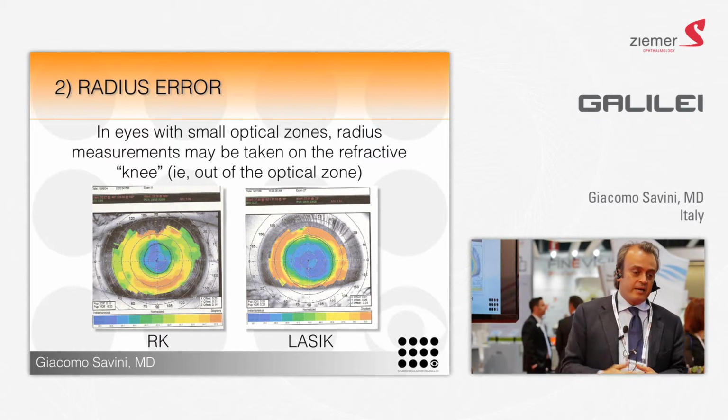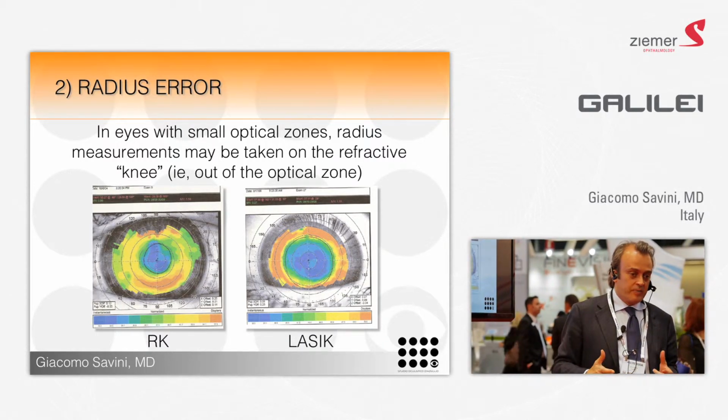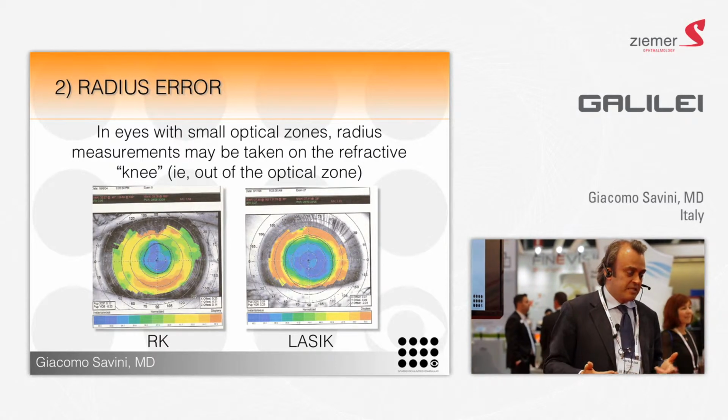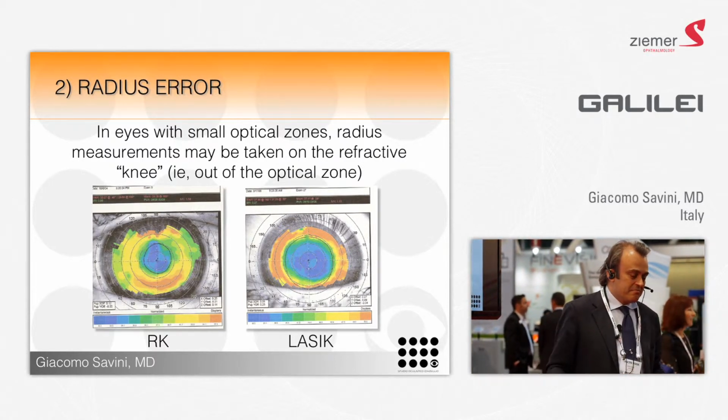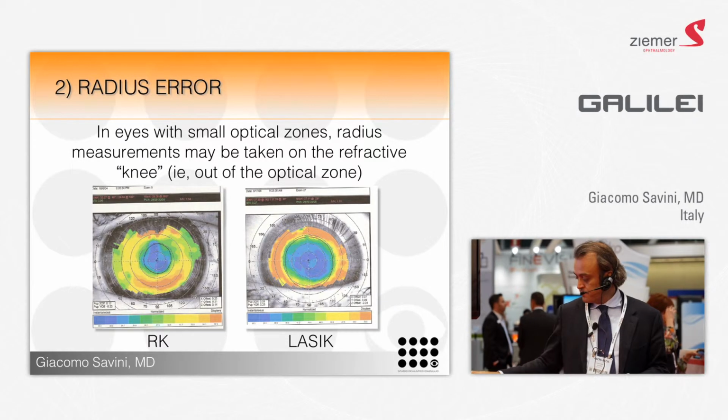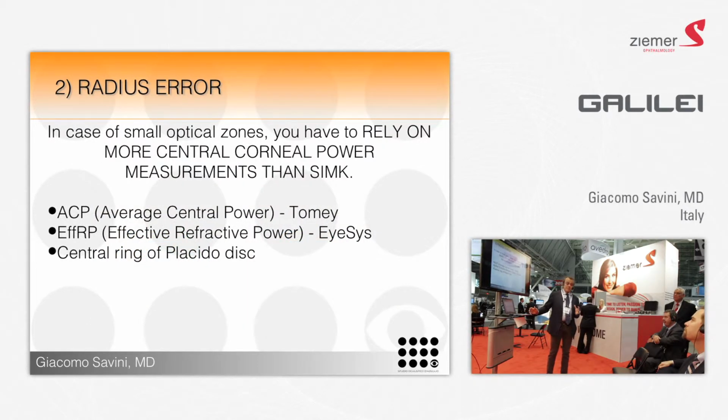If you take a cornea with a large optical zone, 6 millimeters, this problem is not relevant. But if you have a small optical zone, you should take measurements closer to the center.